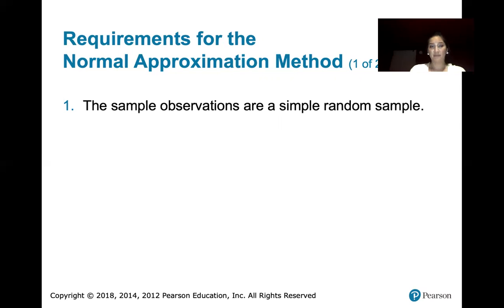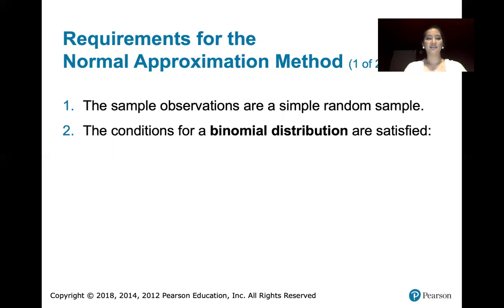Now, for our purposes, if you see the word random in the problem statement, usually in reference to randomly selected values or randomly selected participants, or you even see a random sample mentioned in the problem statement, we will assume that this first requirement is met.